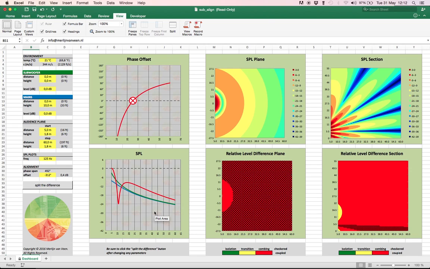However, the downside is that if we look at the slopes of the combined output, the red trace, in comparison to the individual systems, we can see that the slopes, the loss rate over distance, are no longer parallel. And this means that our tonality will be affected by choosing this particular alignment position.